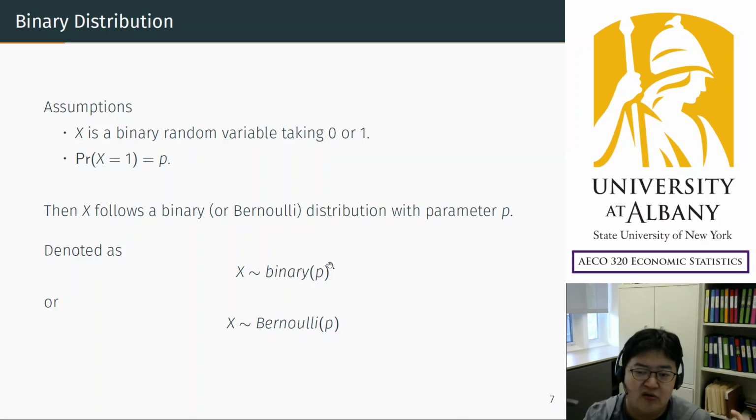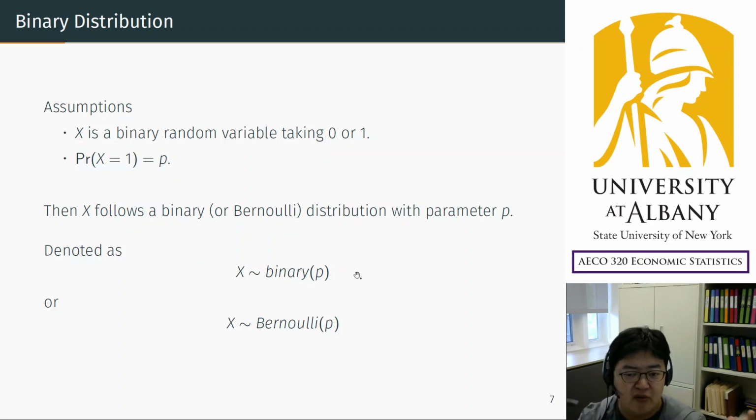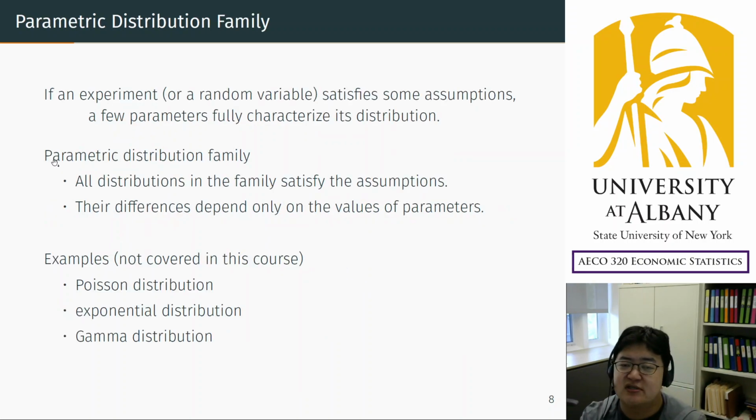So if you vary P, then it can make up a lot of distributions. And of course, the shape of the distribution will be different. The collection of all of those distributions is called a parametric distribution family. They share the same assumptions and the same parameters, but the value of the parameter may differ.